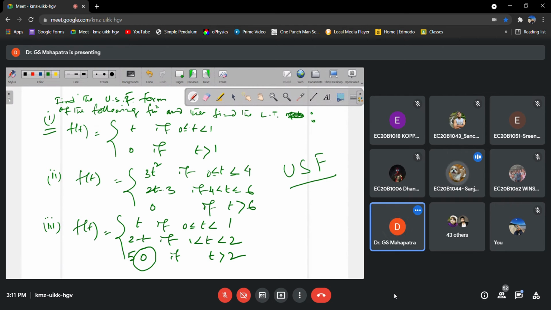In the second problem, the constant we take must be greater than 6?